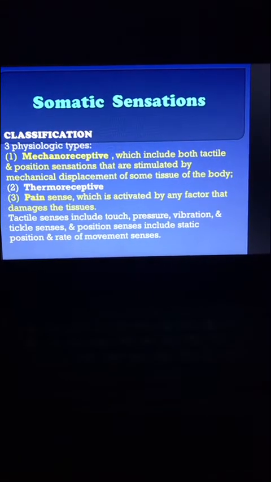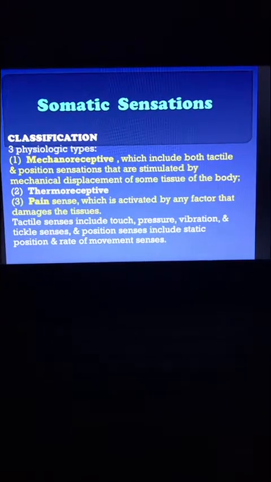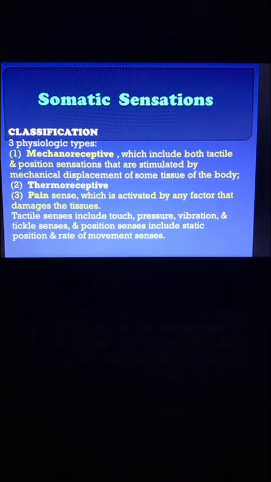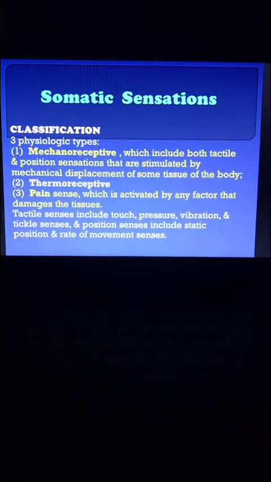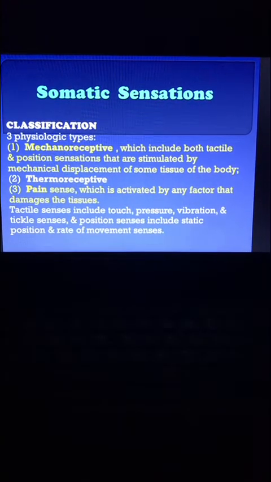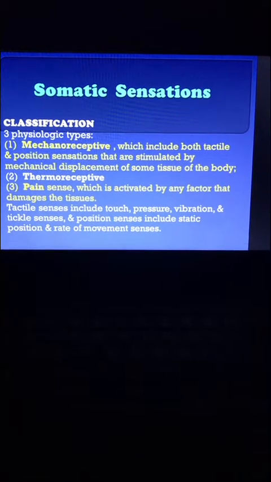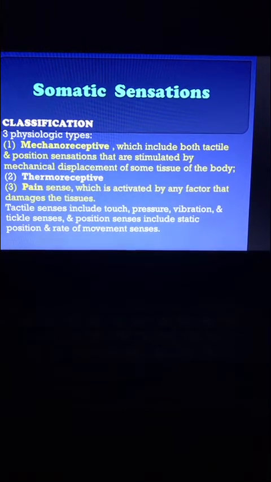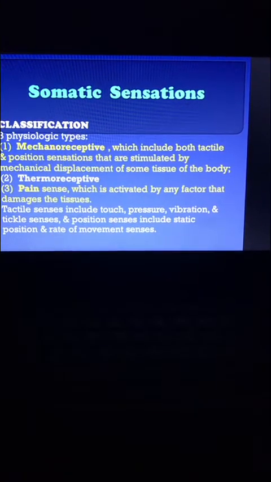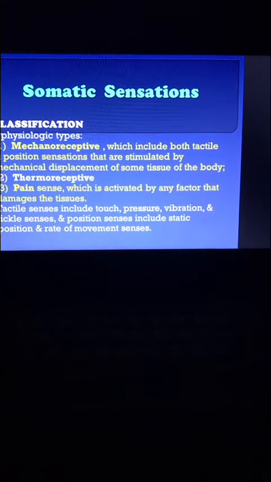Now the somatic sensations. Somatic is a term opposite to what is called visceral. The classification: number 1, mechanoreceptors, which include tactile and position sensations, stimulated by mechanical stimuli.